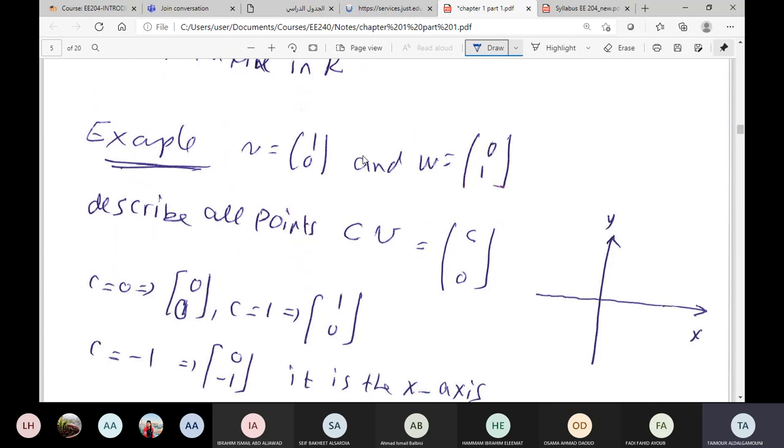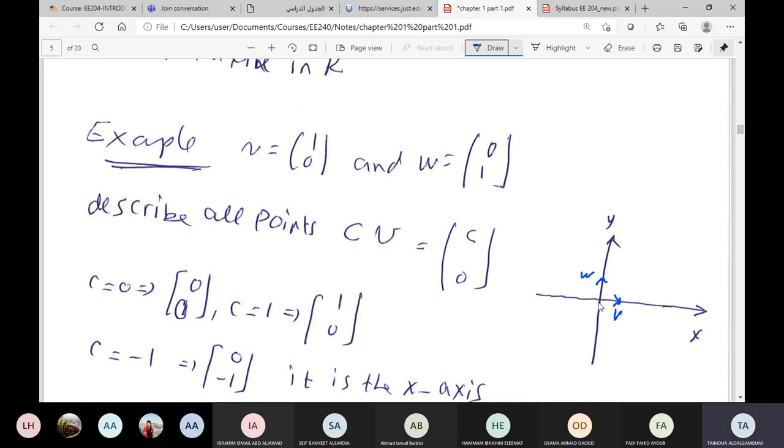Now, if you have V as 1, 0, and W is 0, 1, so this is V, and this is W, right? Because V is 1 and 0, W is 0 and 1. If we multiply V by a constant C, then we will be moving on the x-axis.